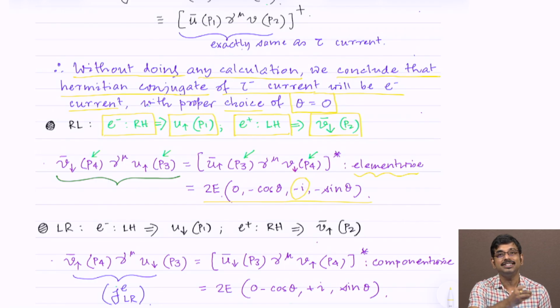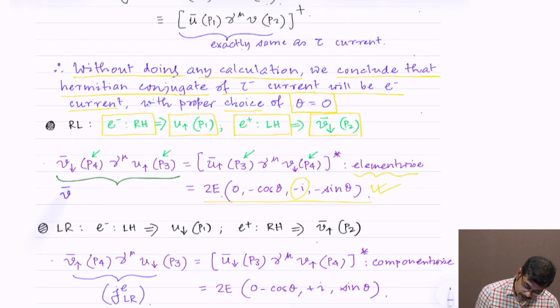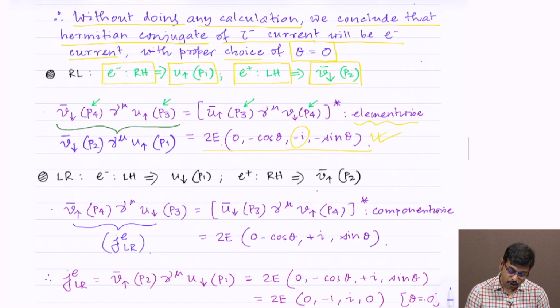The magnitude is essentially the same as E. So this very well does the job for V bar down P2 gamma mu U up P1. So this does the job very much for this particular one.